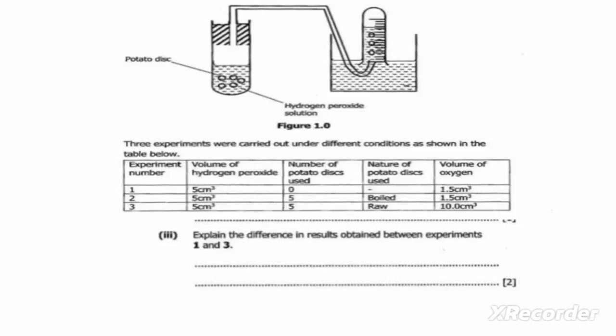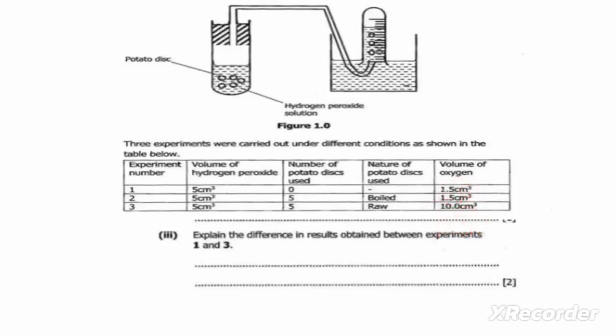Question 3. Explain the difference in the results obtained between experiment 1 and experiment 2. So we can see that during experiment 1, 1.5 cubic centimeters of volume was collected. Then during experiment 3, 10.0 cubic centimeters was collected. So we have seen that there is a huge difference.